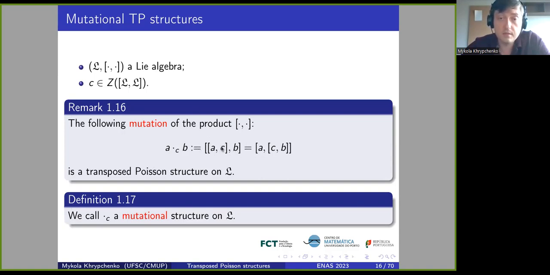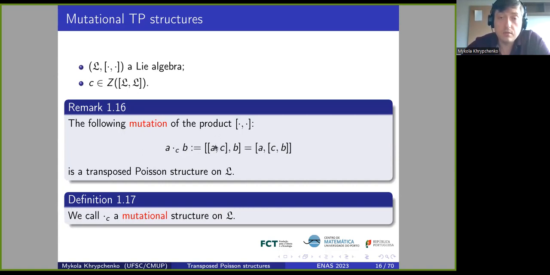In fact, this particular monomial is associative, so it doesn't matter how we put the brackets here. And moreover, this new product is commutative, and it satisfies the transposed Leibniz law. So it is a transposed Poisson structure on your Lie algebra.